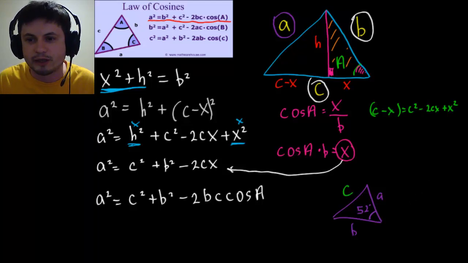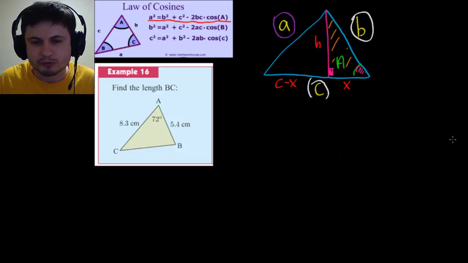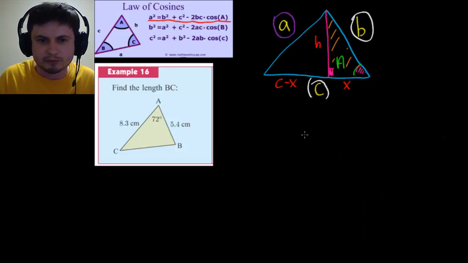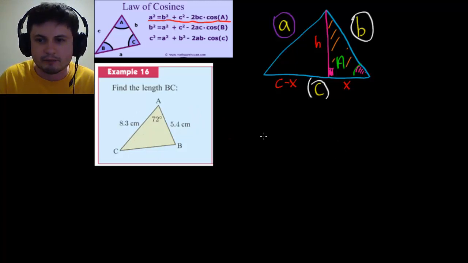So let's actually try an example so it makes a little more sense to you. We're going to try two common examples here. One is example 16 from page, I believe, 469 in your book. Here we have two sides and an angle, and it says find the length BC.